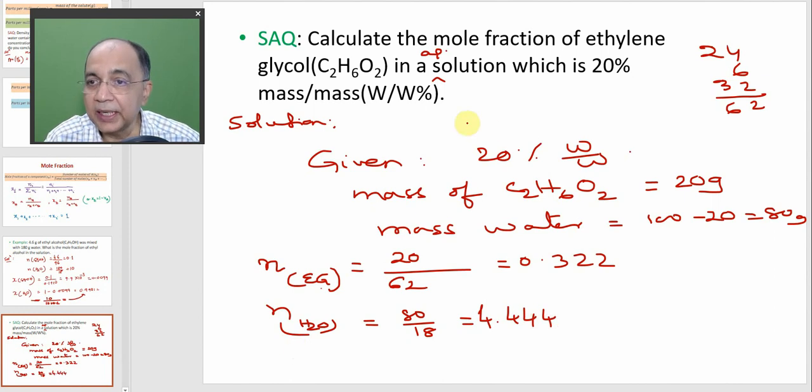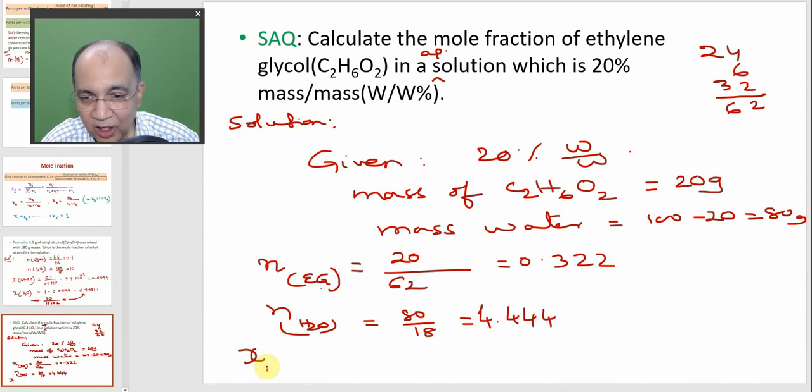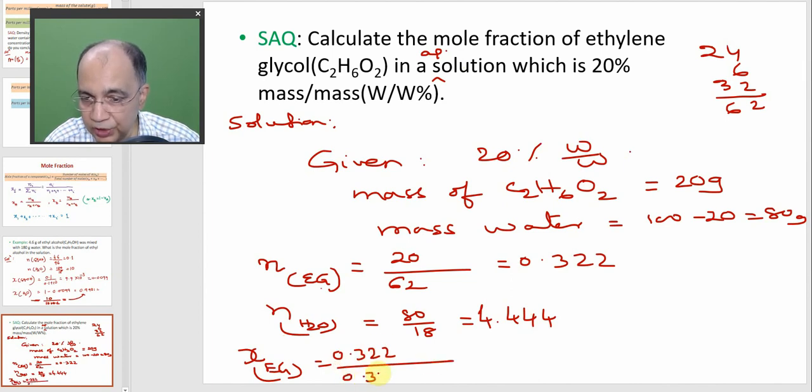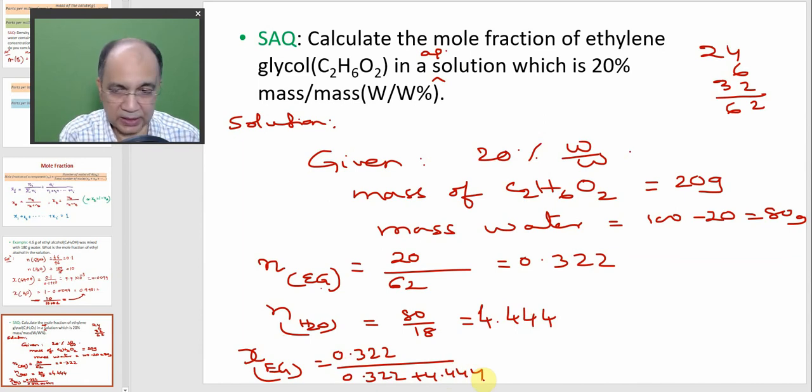So then the mole fraction of ethylene glycol, the symbol X is usually taken. X of EG, ethylene glycol, is the number of moles of ethylene glycol by the total number of moles, 0.322 plus 4.444. So this becomes 4.766.